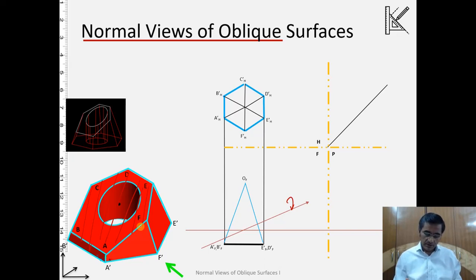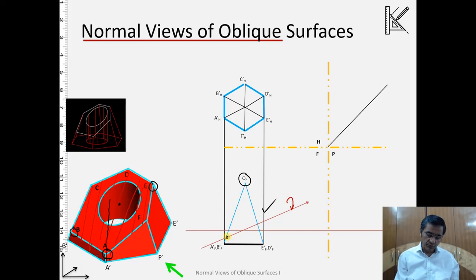If this is the case, can we locate the point A? Let me change the color. Can we locate the points A, B, and say E over here? Where are those points? The line from A dash, when it is going up to point O, is being sliced by that cutting plane, somewhere here.